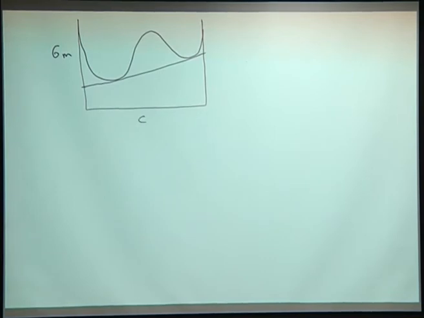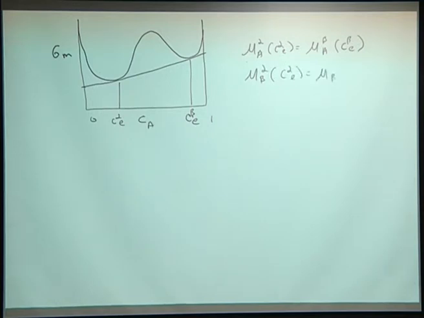What I claim is that these are the equilibrium compositions because they're where the chemical potentials are equal in the two phases: mu A alpha at C alpha E equals mu A beta at C beta E, and mu B alpha equals mu B beta. Those are the equilibrium conditions.